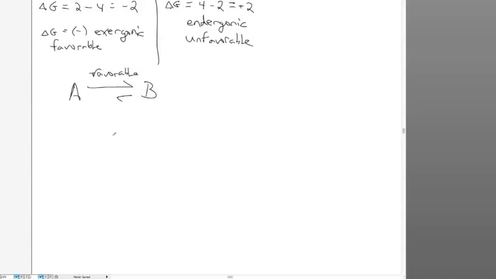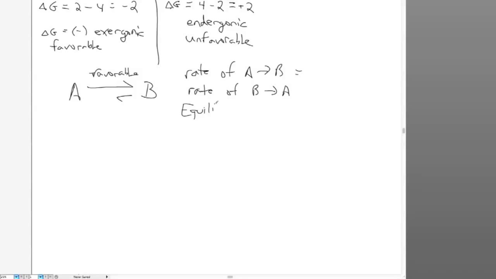Okay? But if you let this reaction go as far as it can go, it'll reach a point where the rate of A being converted to B equals the rate of B being converted to A. And this point is equilibrium of the reaction.